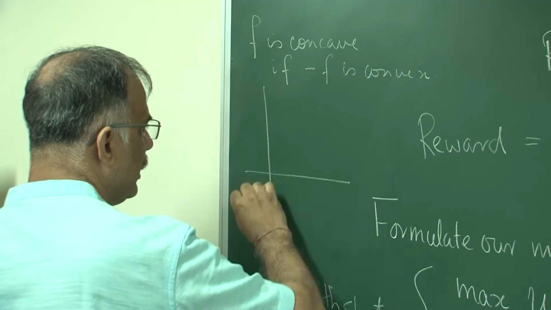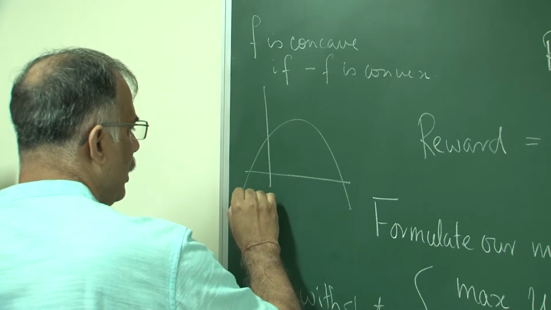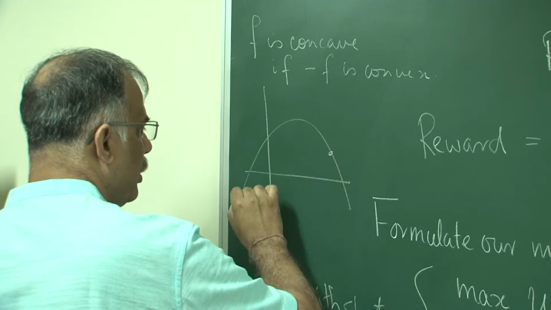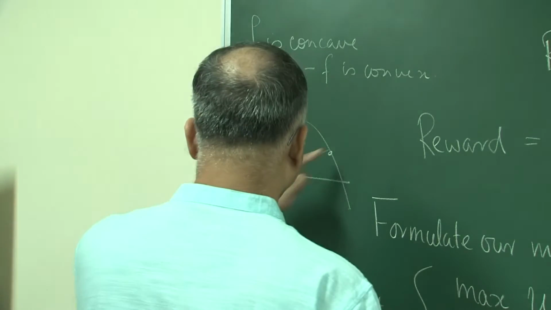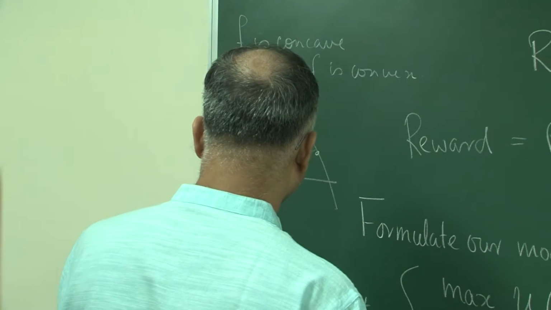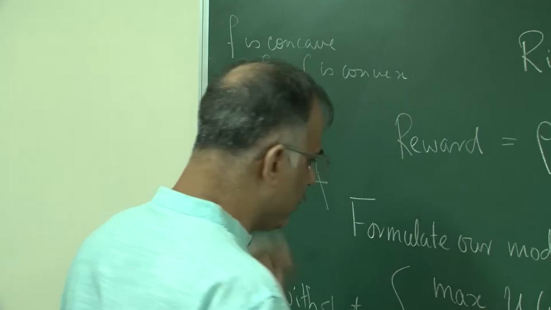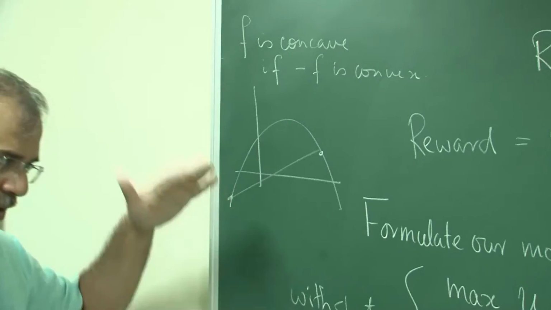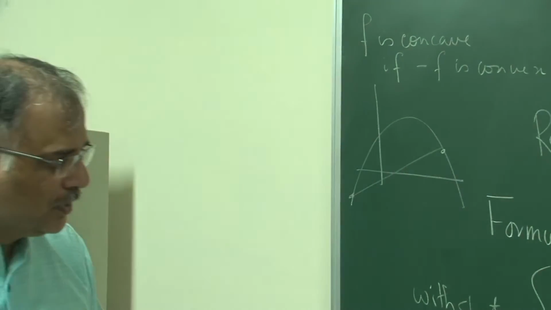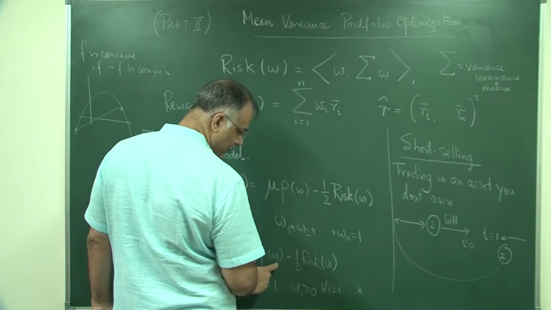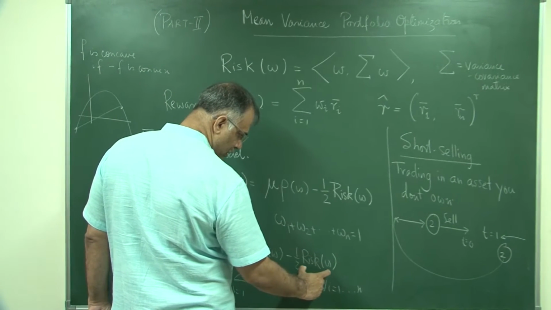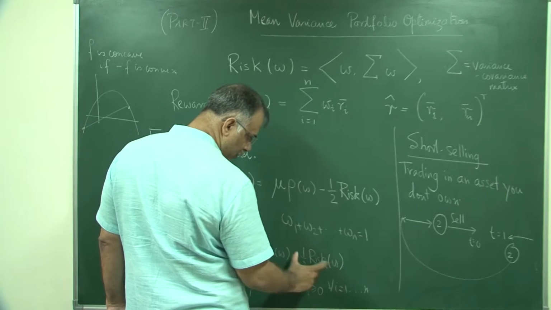A concave function looks like this. If you take a function from R to R, that is, if you take any 2 points on the arc and join them, the line segment would lie below the graph. And for convex it was above the graph. So this is a concave function. So a linear function is both convex and concave, and this is a convex function, negative is a concave function.